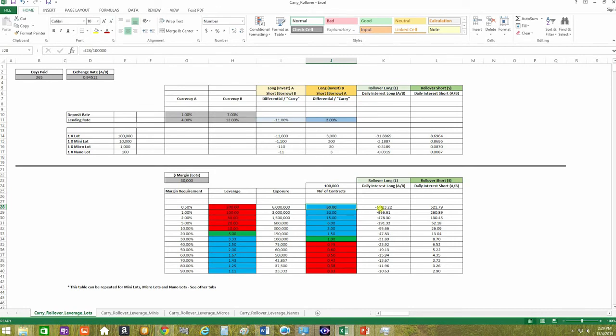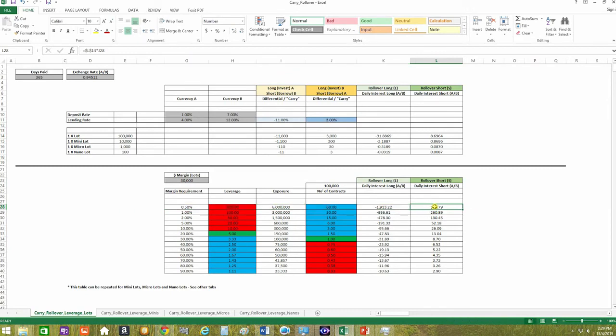And we can see that if we actually did a situation in our trading account where we went long the currency pair AB, this is how much we'd be paying out per day in dollar terms. But if we did the opposite and went short the currency pair AB, this is what we'd be receiving. Now that doesn't mean that you should go out and open a 0.5% margin requirement account, fully leverage up to this number and just put a currency pair on that pays.